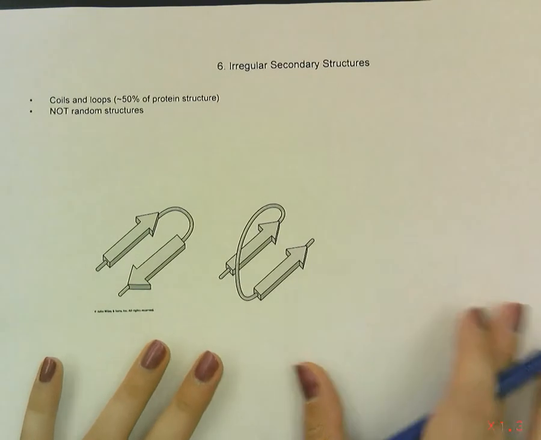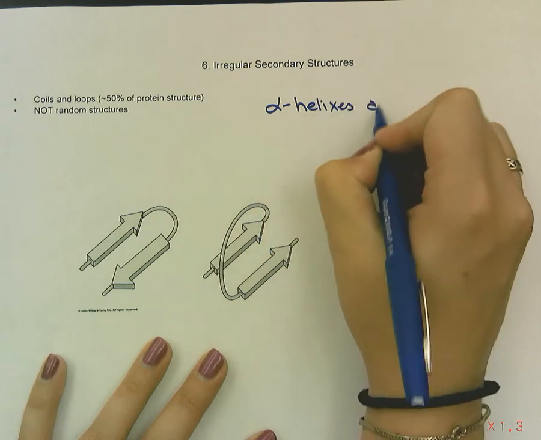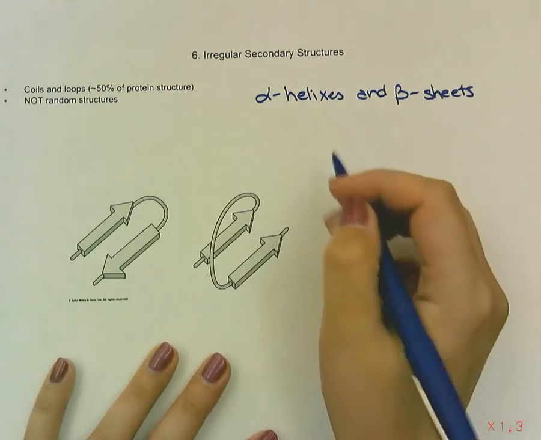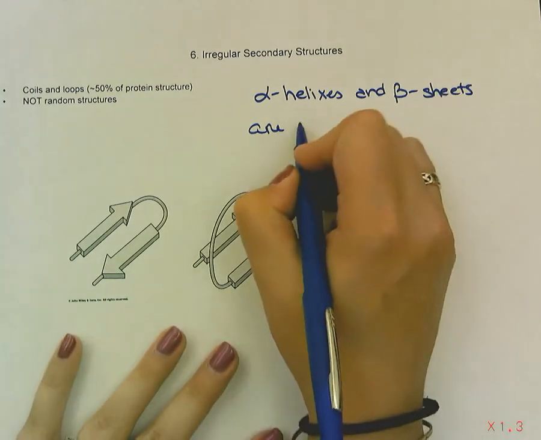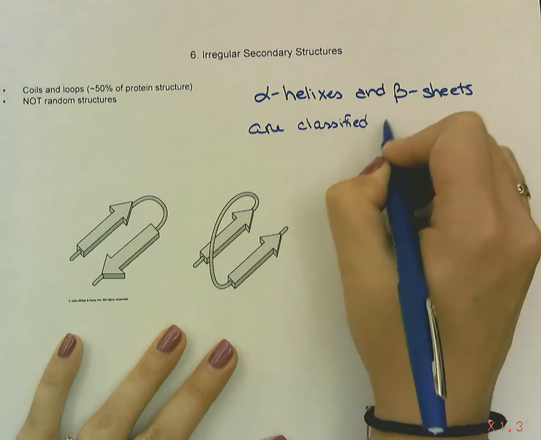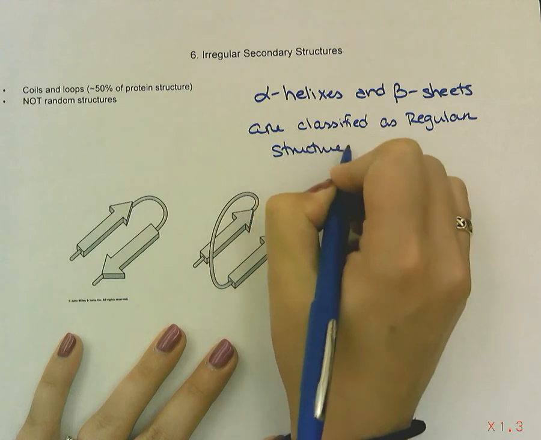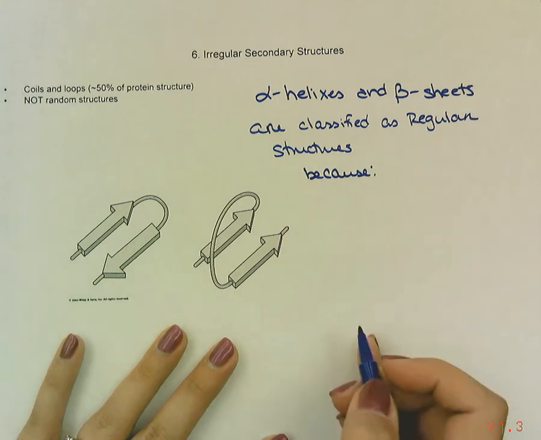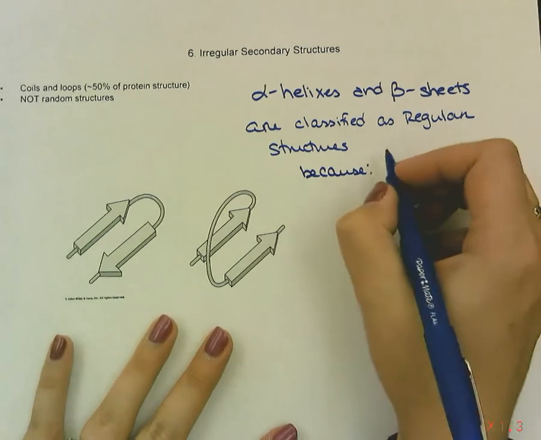So just to clarify why these might be called irregular. Alpha helices and beta sheets are classified as regular structures. Because their component amino acids have a backbone configuration that are the same every time.